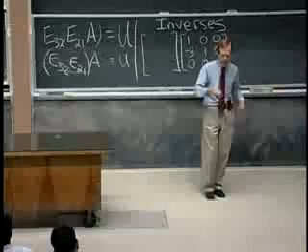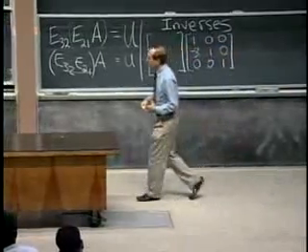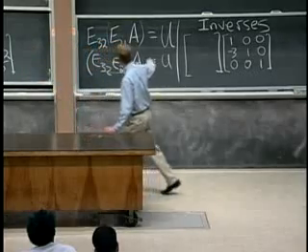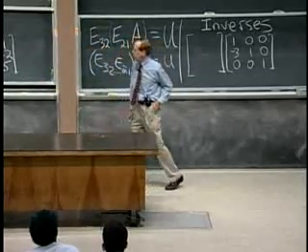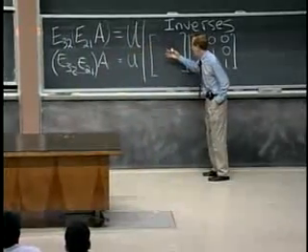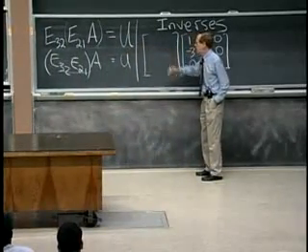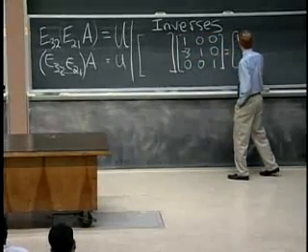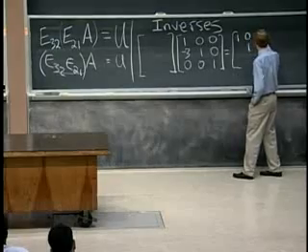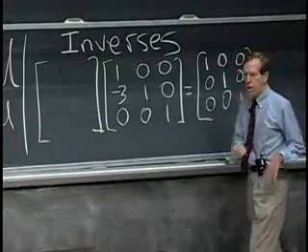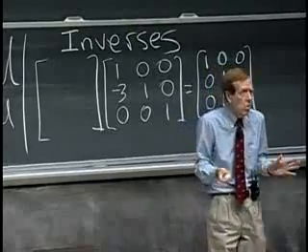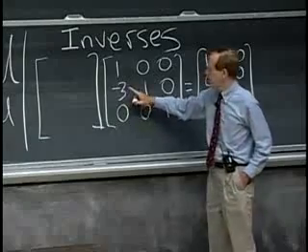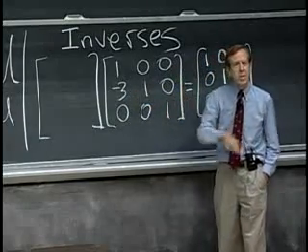If I started with a 2, 12, 2 and it changed it to a 2, 6, 2 because of this guy, I want to get back to the 2, 12, 2. I want to find the matrix which undoes elimination, the matrix which multiplies this to give the identity. And you can tell me what I should do in words first, and then we'll write down the matrix that does it. If this step subtracted 3 times row 1 from row 2, what's the inverse step?